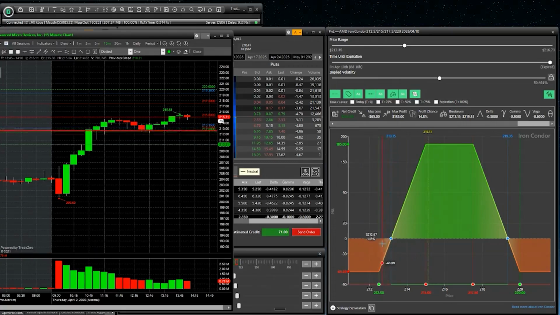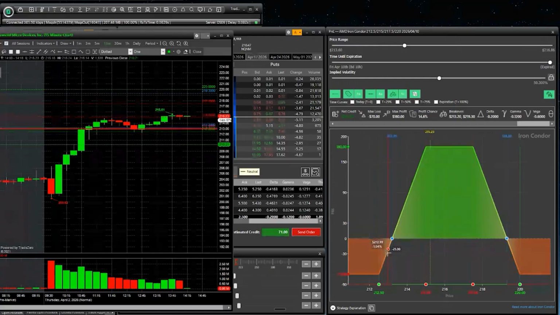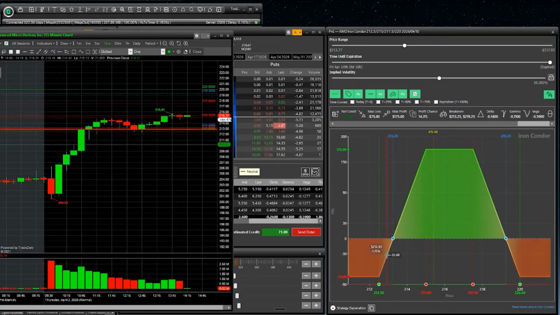It's telling us exactly what loss we'll be at, dependent on the price. So we can understand before we take the trade where we'll be, depending on where the stock goes. In this case, if the stock moved down towards 212.50, we'd end up towards $70 max loss, going through $30 to $50 to $70.